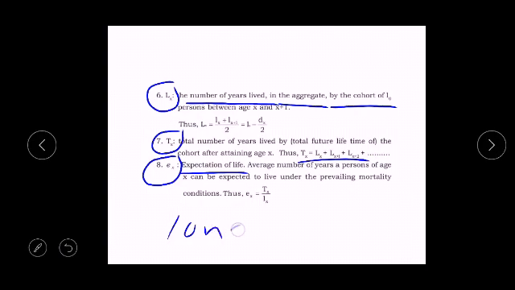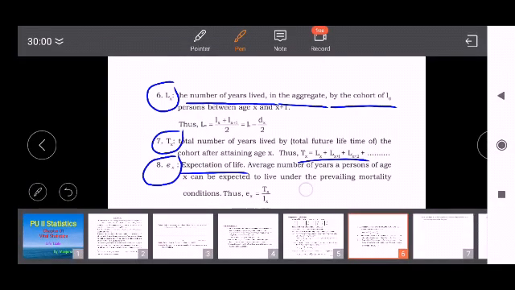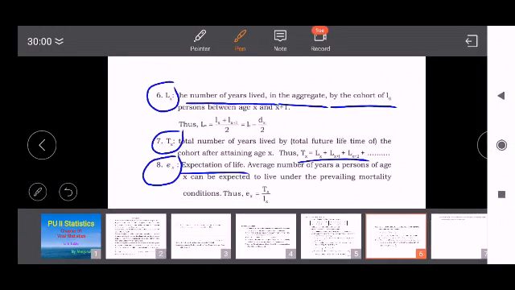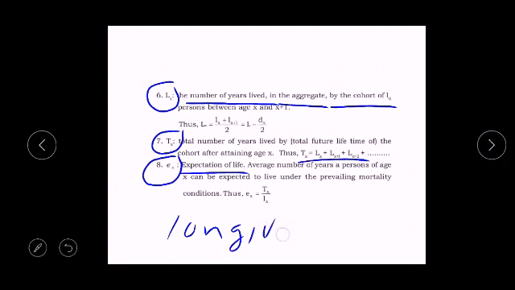Longevity here means how many years a newly born baby or a person at the age x will live, up to what age, or how many years it will live.